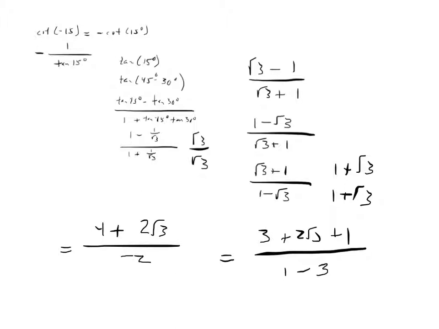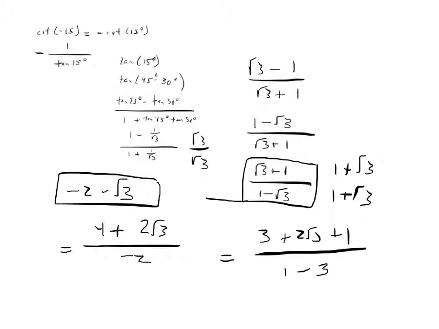Dividing a negative 2 out gives negative 2 minus root 3. Either of those two answers is going to be acceptable for the cotangent of negative 15.